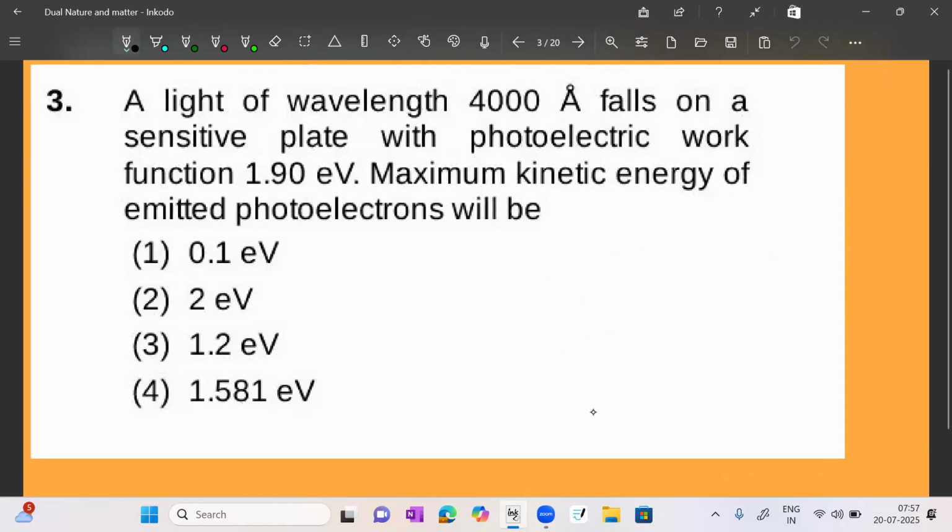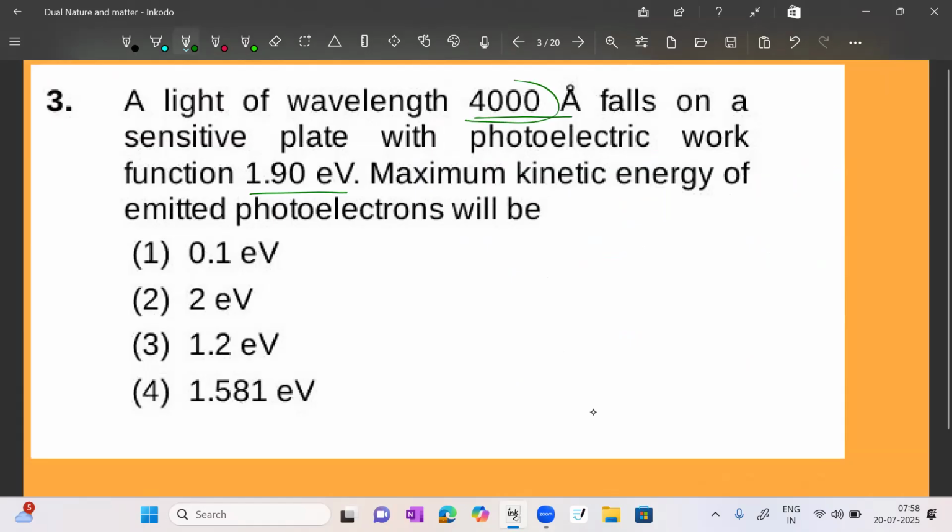Third one, see. Light of wavelength 4000 angstroms falls on a sensitive plate with a photoelectric work function given as 1.90 electron volt. The maximum kinetic energy of the emitted photoelectron will be asked. It is a very easy problem.